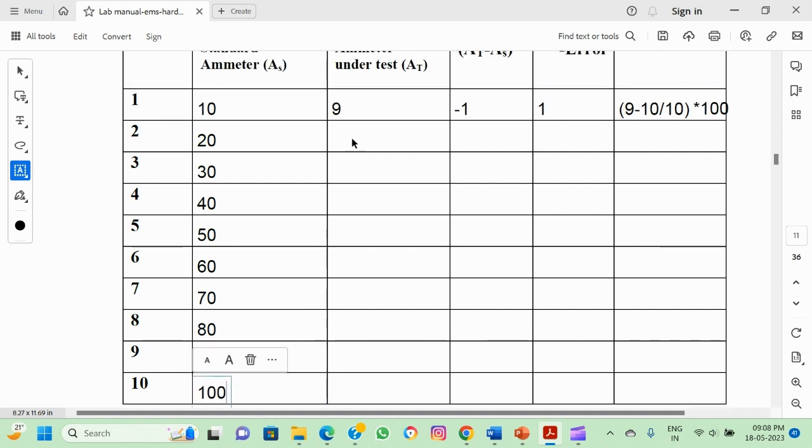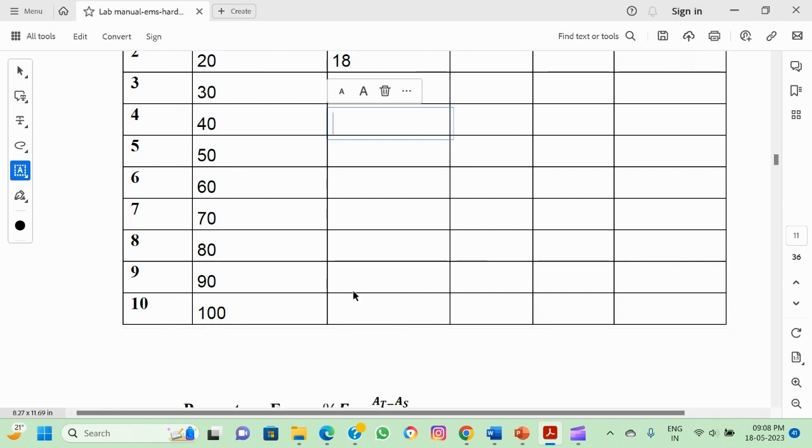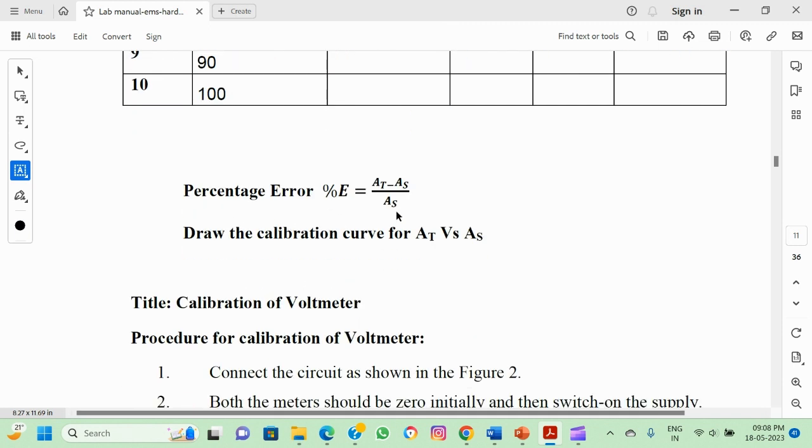And here you can take randomly, maybe here the error may be 2, so here it may be 32, like this. You can take some random values and you can calculate the error. Okay, so this is the percentage error formula.